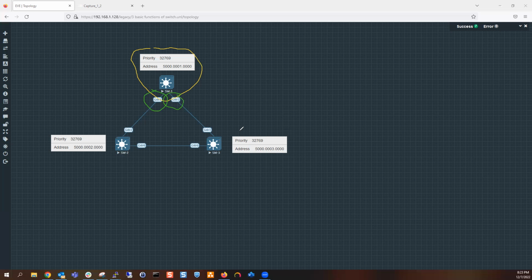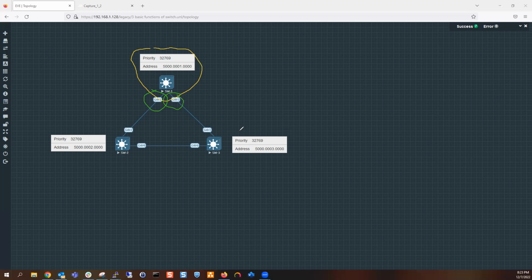That root may be the switch right under the firewall or router, which is typically how people program it. If we have multiple layer 2 paths and spanning tree doesn't exist, we're going to have loops, just like we saw last time.